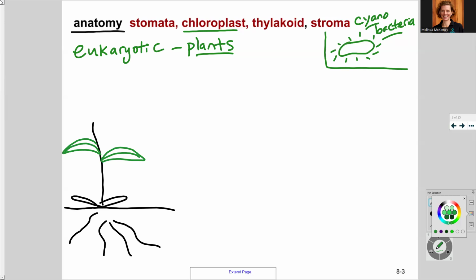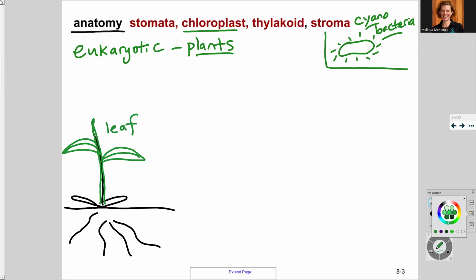Some plants like the cactus and other plants in Arizona, like the saguaro, have photosynthetic stems. They're capable of photosynthesis anywhere that they have these green structures called chloroplasts. But in most plants, that's going to be in the leaf.